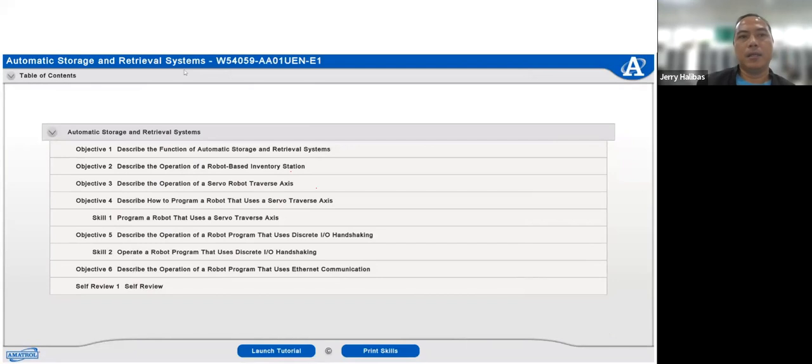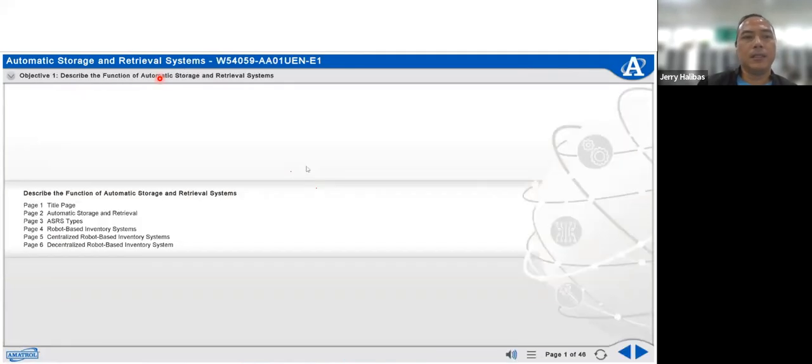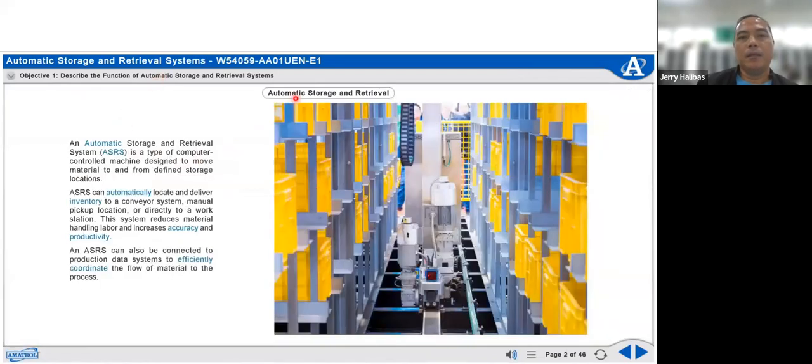Okay. So we proceed now to ASRS. What is ASRS? Automatic storage and retrieval system. It's a type of computer-controlled machine designed to move material to and from defined storage locations. So, it is automatic.